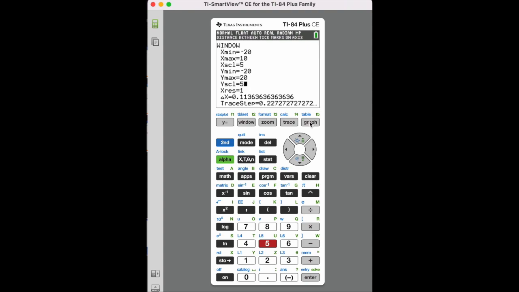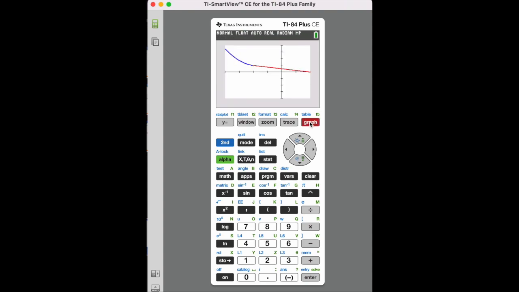Let's see if that shows us what we need. There we go. So there's my first piece. That's the quadratic. And then the linear function, negative 1/4 x plus 5/2, is this in red. Now let's zoom in to get a better look at that point and see if it matches up the way we would hope. From far away it does, but let's take a little bit of a closer look.